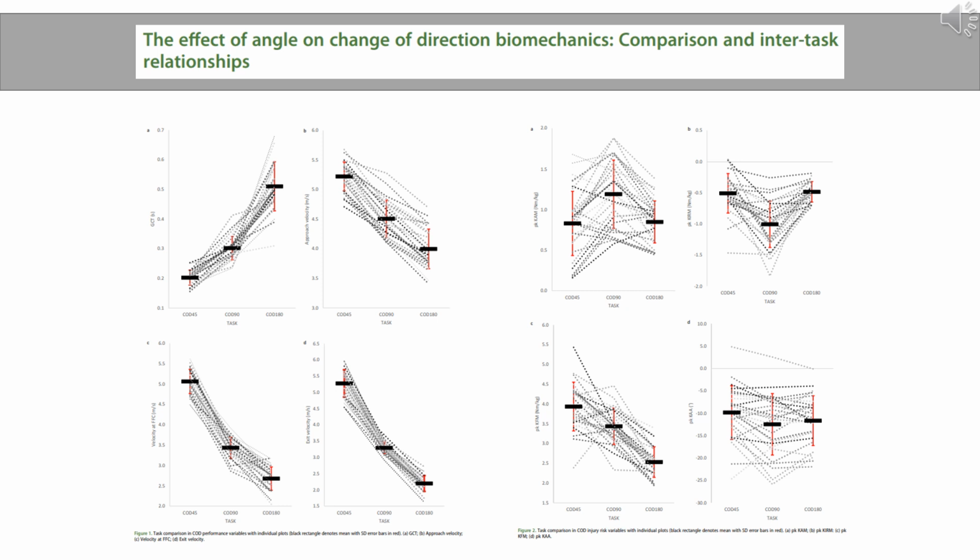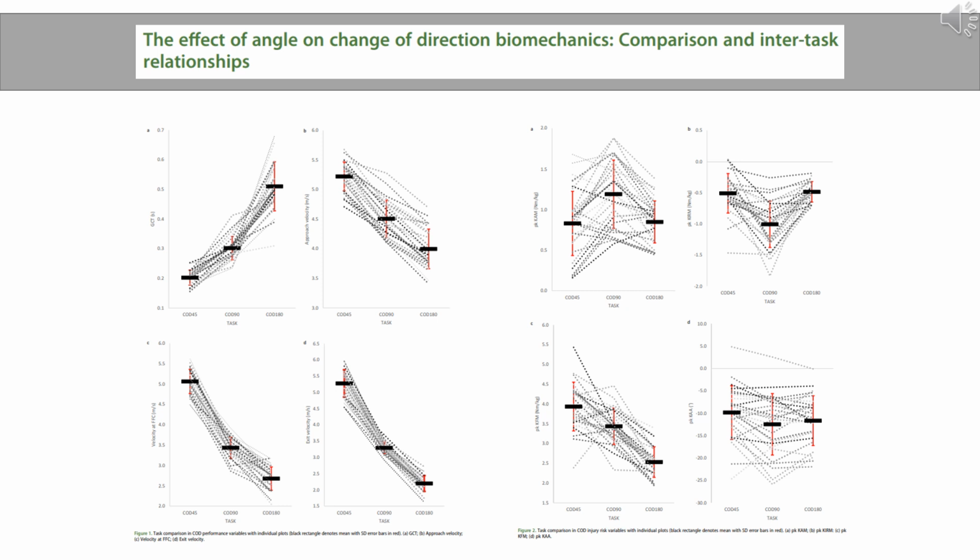So we've got some really, really high quality, thorough, in-depth information here. And I think some of the key information to establish is that velocity and the time that we spend on the floor will get slower and increase respectively as the angle of cut increases.